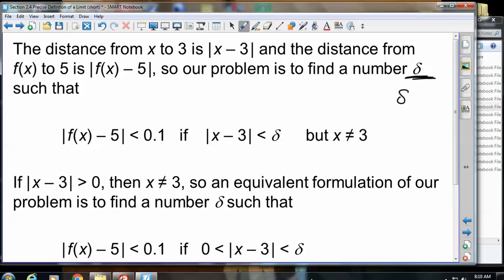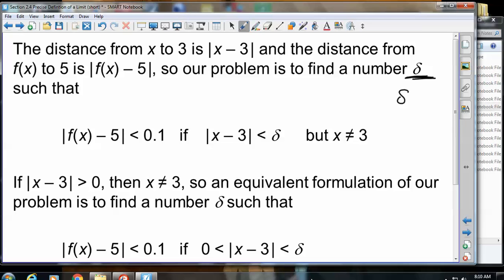So we need to find delta so that the distance between my y value and 5 is less than 0.1 if the distance between my x value and 3 is less than delta. I have to find a window for my x's.